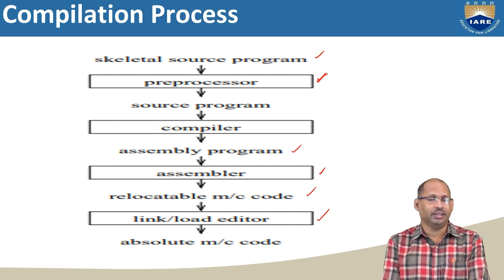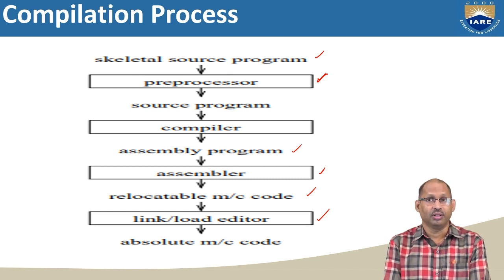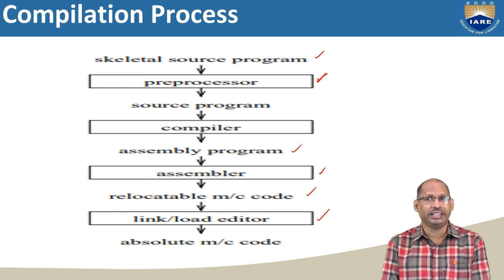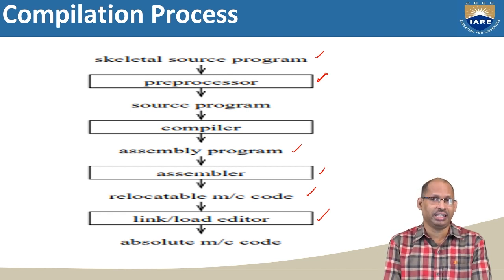Then the load editor. Its main task is to assign memory locations for all the variables, temporary variables and programming statements, such that it becomes executable. Unless memory is allocated, programs cannot be executed.